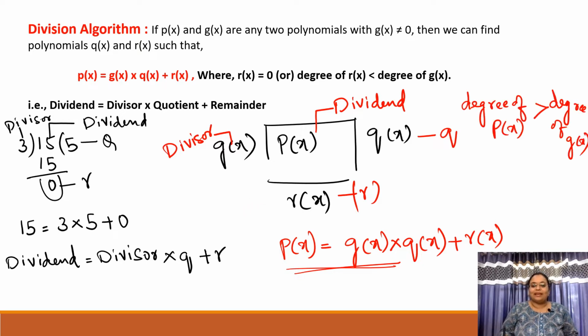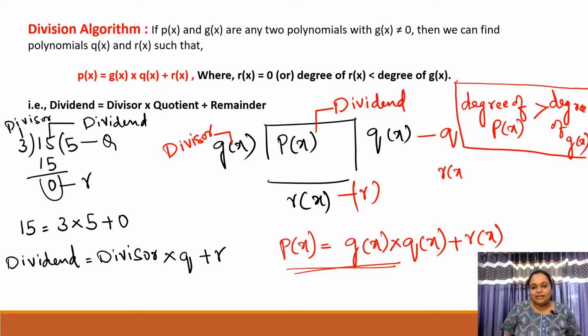And also, if you get remainder R of X is equals to 0, then Q of X is the factor of P of X.